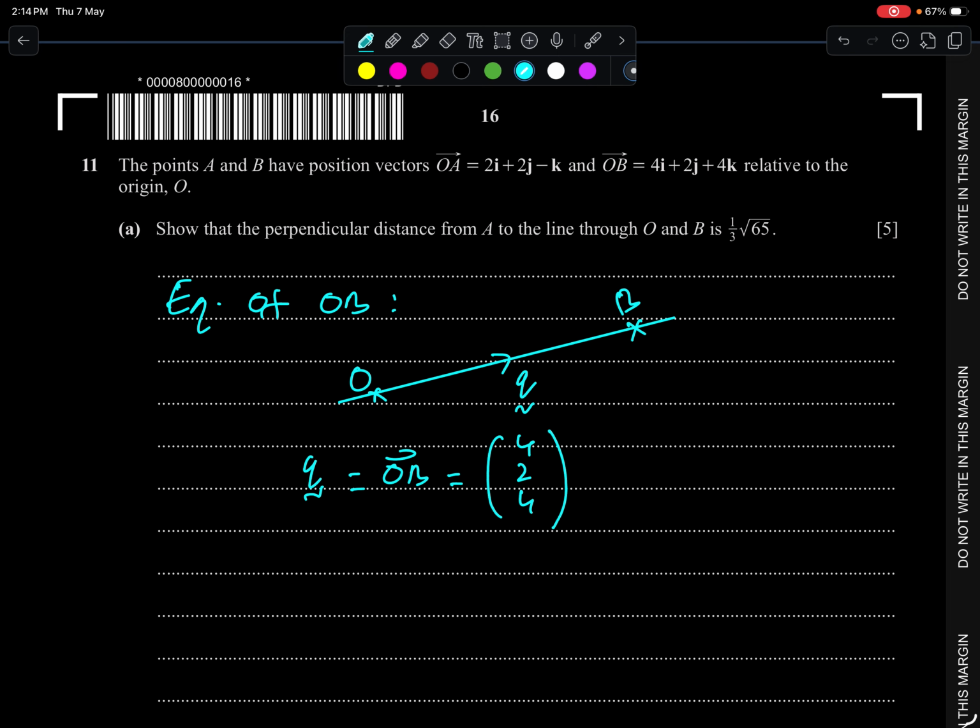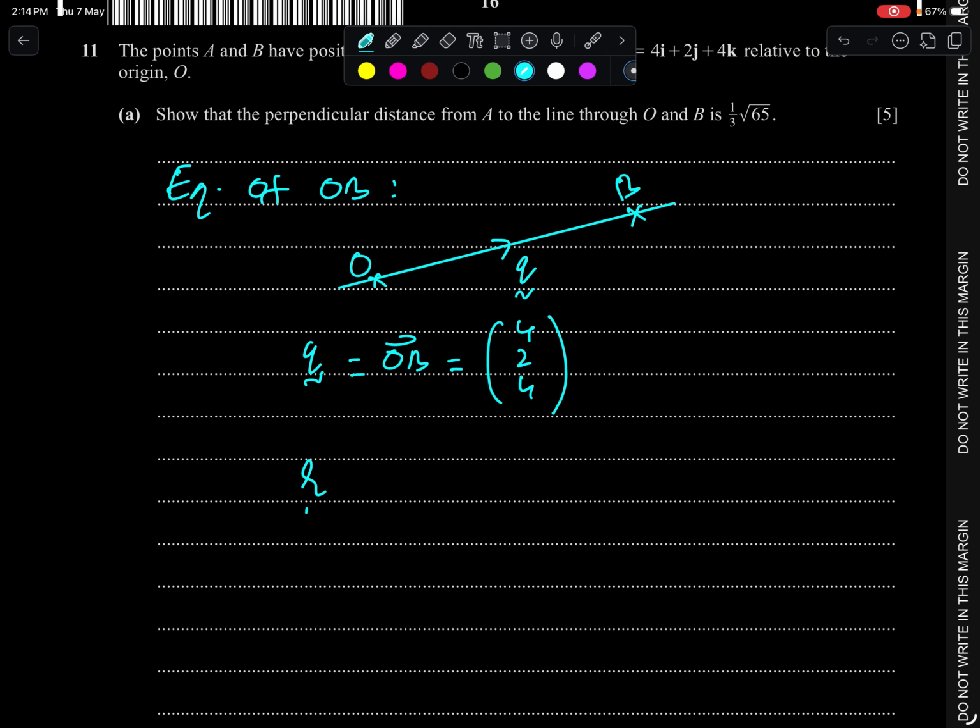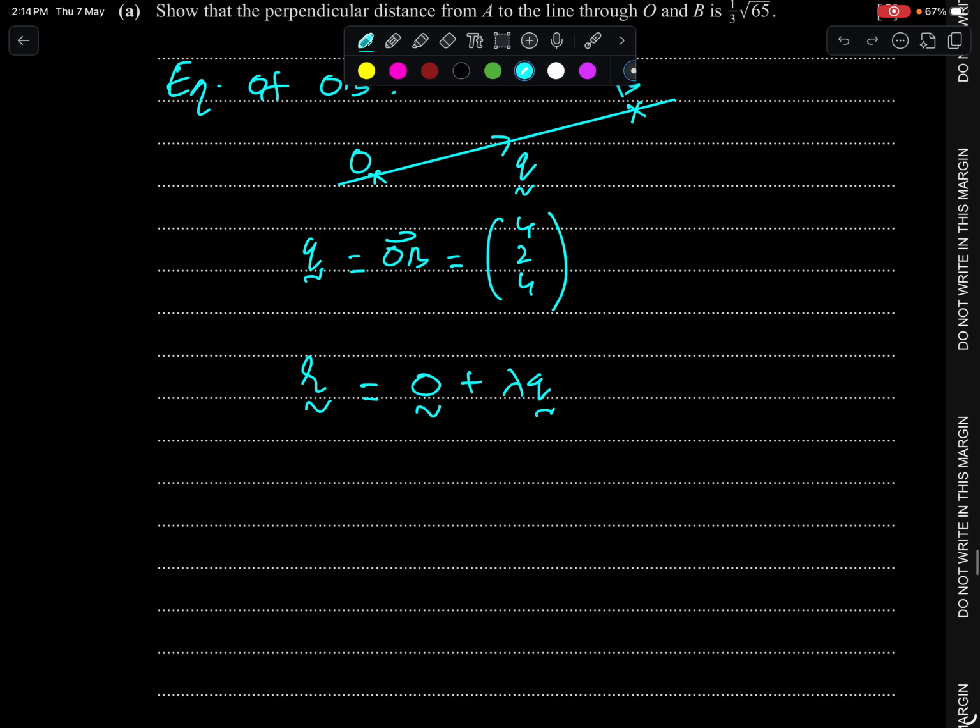Now the equation of this line is, you can use either B or O. It's better whenever O is given on a line, always use O to make the equation simple. Lambda Q. O means (0, 0, 0).